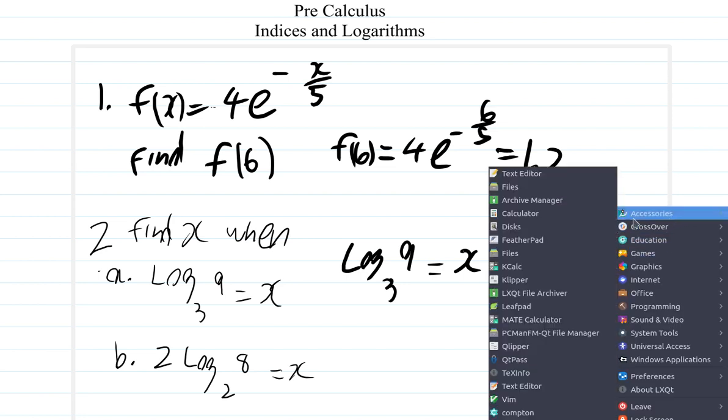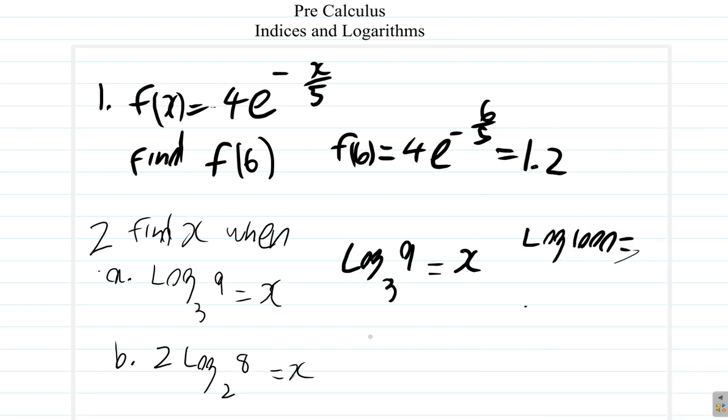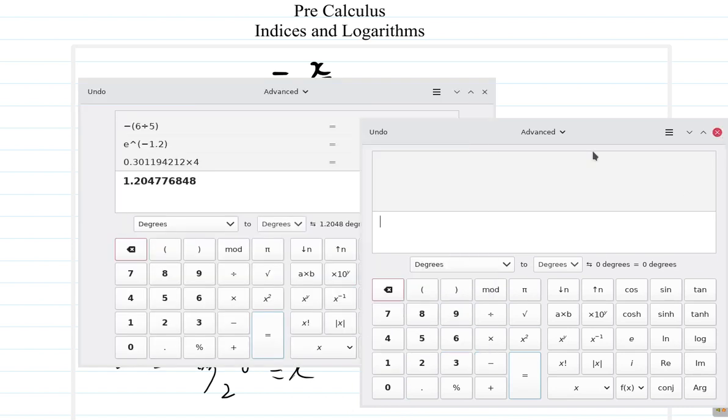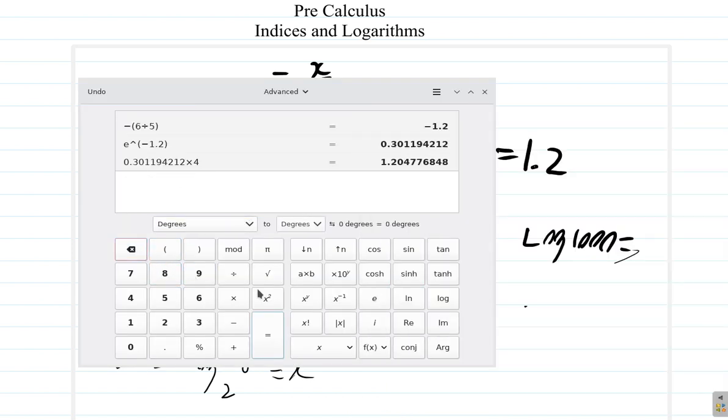The log of 1,000 is equal to what? Let's get back to our calculator. If you don't remember what the log of 1,000 is, we have, and remember it's log we're dealing with, base 10, log 1,000 equals 3. It is equal to 3.